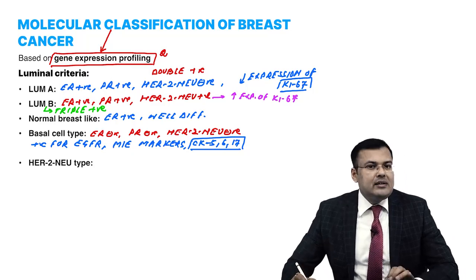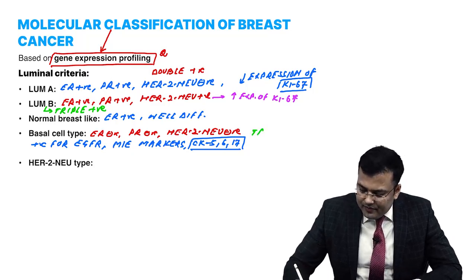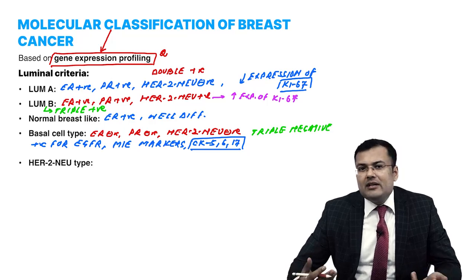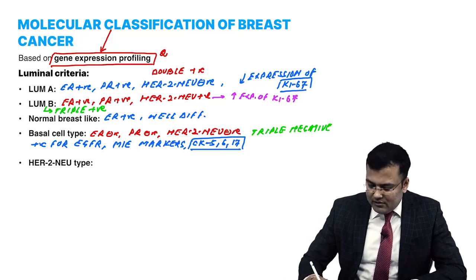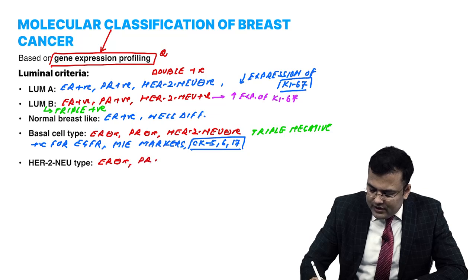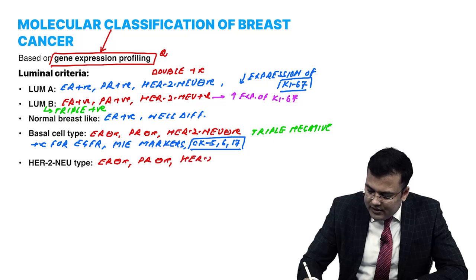Important point: basal cell type is triple negative. Next is HER2 neu type, which obviously is ER negative, PR negative, HER2 neu positive. Clear?